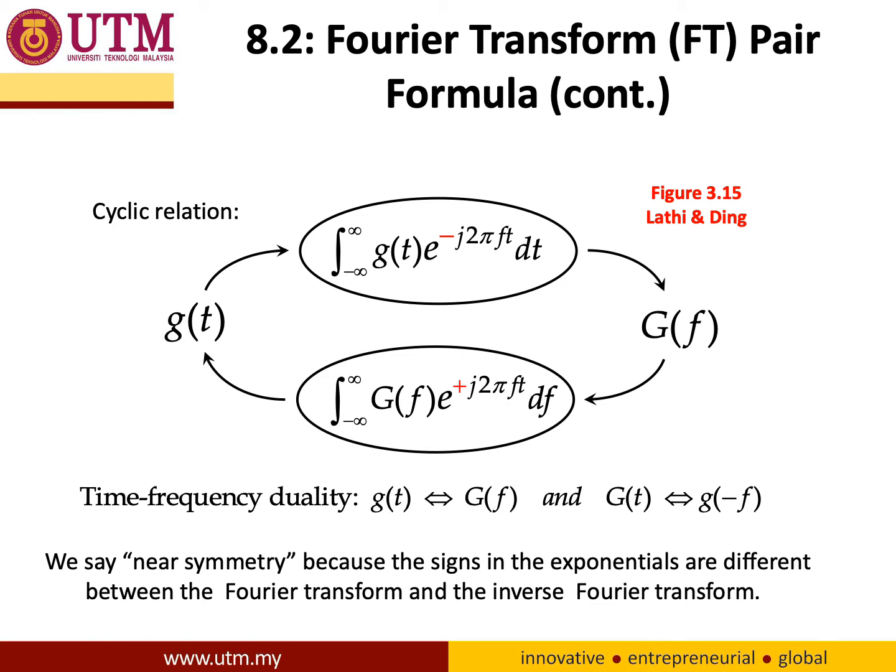One has a negative sign, another one has a positive sign. The figure indicates that the Fourier transform gives a spectra consisting of a continuous sum of exponentials with frequency from minus infinity to infinity.